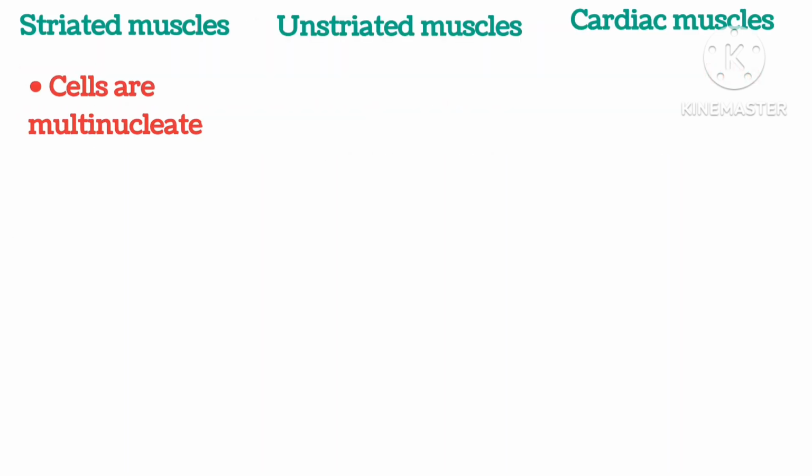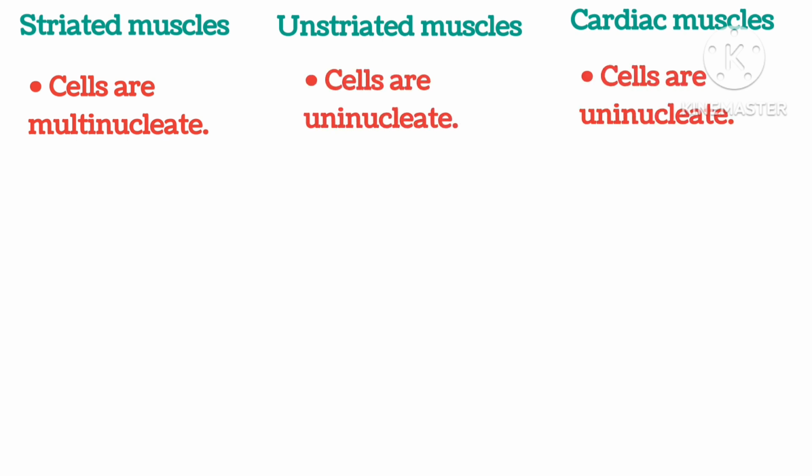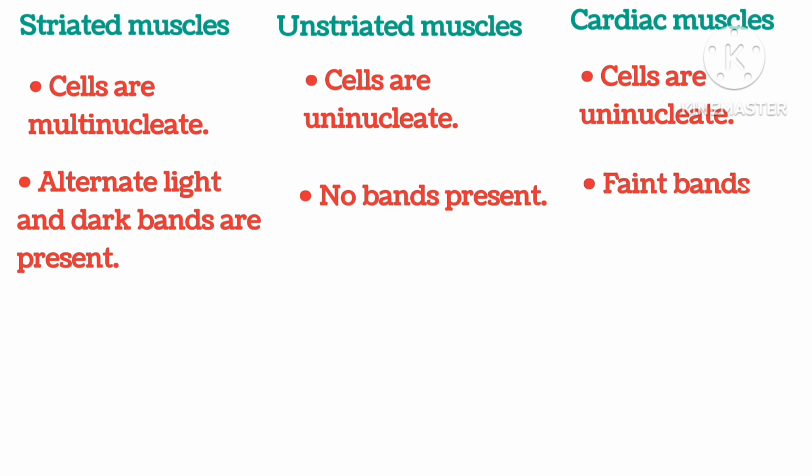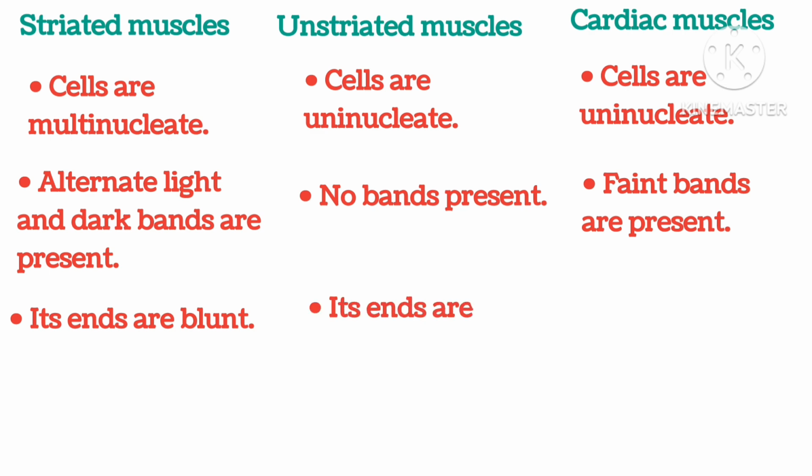In striated, cells are multinucleate. In unstriated, they are uninucleate. Cardiac also, they are uninucleate. In striated, alternate light and dark bands are present. Unstriated, no bands are present. Cardiac have only faint bands. Striated ends are blunt.